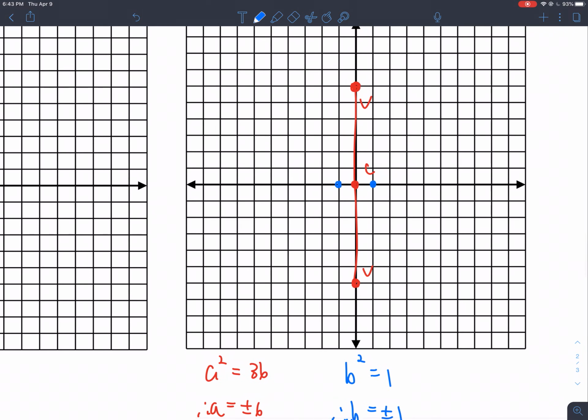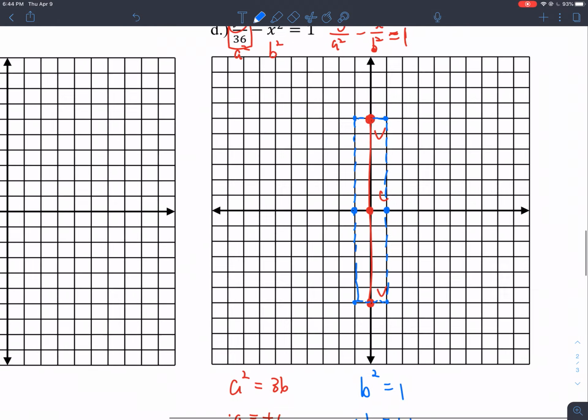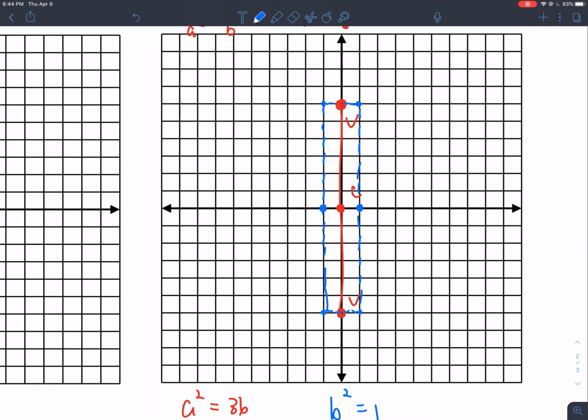So we know that the corner of the box is here, the other corner is here, the other corner is here, the other corner is here. This will help me draw my asymptotes. And really, I don't know if you have to draw the whole box in dashed lines, and that takes some time, but it does help a little bit. In any case, now you have to draw your asymptotes, so let me do that very quickly.